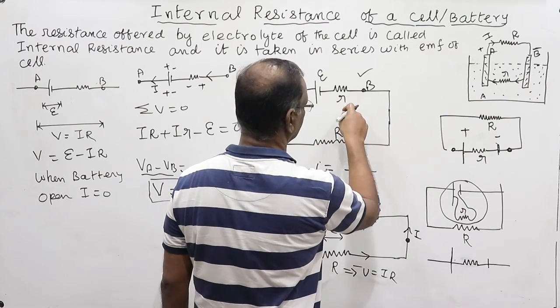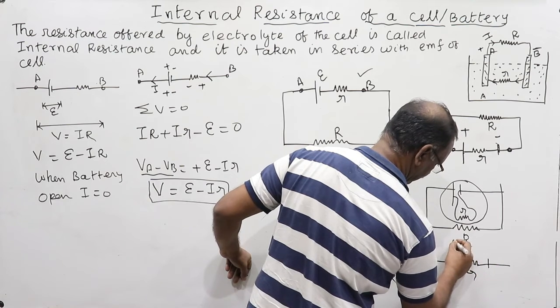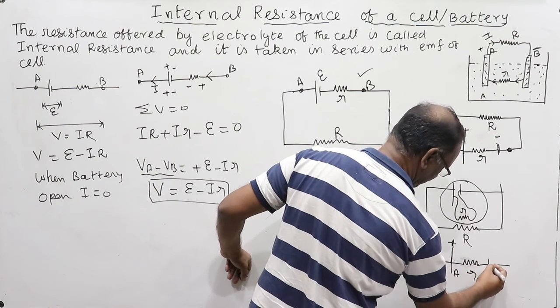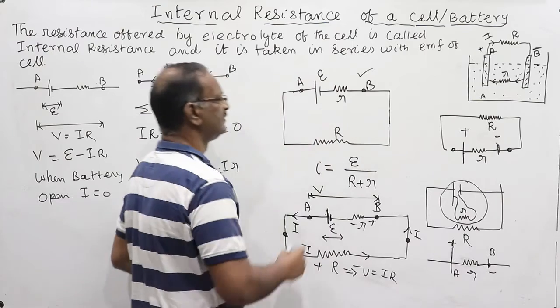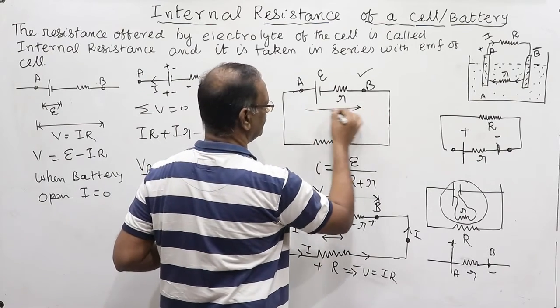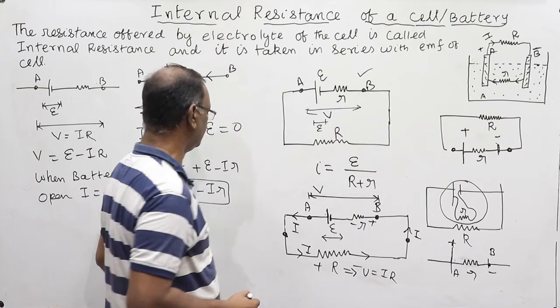We represent the internal resistance outside. This is plus, that is the anode, point A, and point B is the other terminal, which is negative. So we represent it this way. This is the terminal potential.